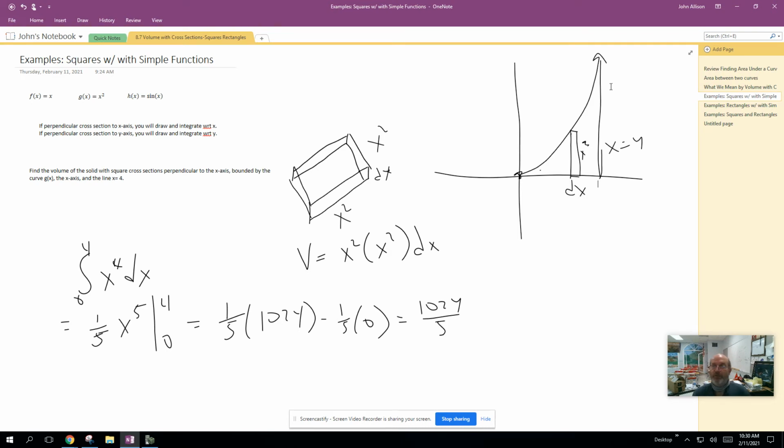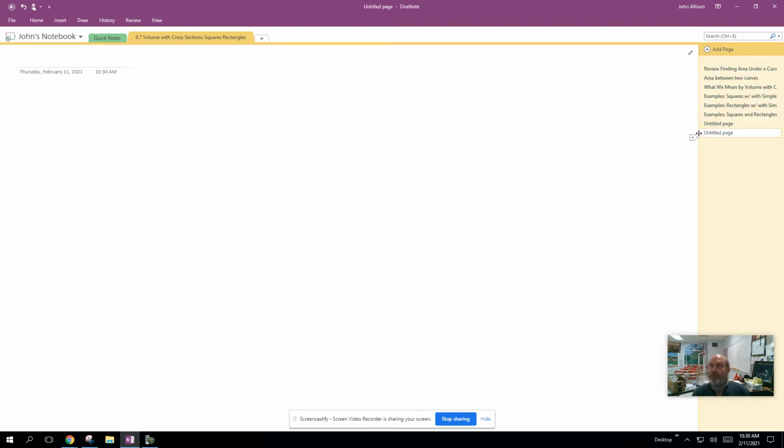Let's add a page here and let's do one with respect to y. Let's use the same function. Perpendicular to the y-axis now.